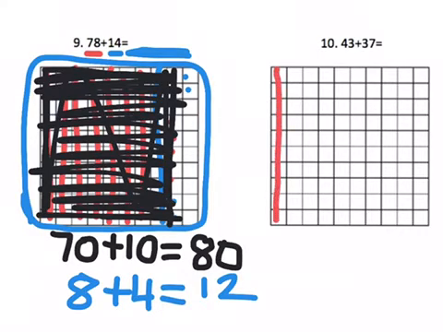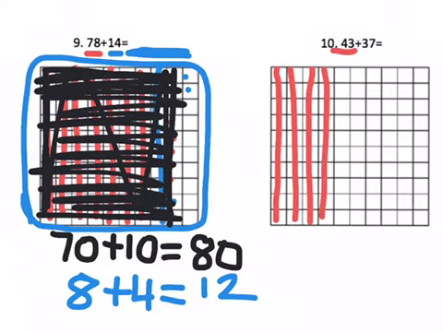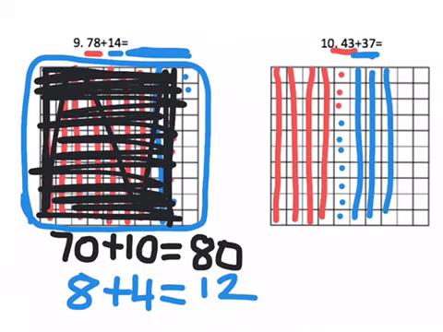We could do 4 tens. We could do 4 red tens and 3 singles, plus my 7 blue singles and 3 tens.